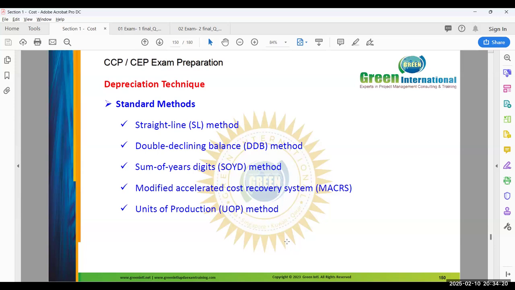If you purchase a crane for a company, the crane will be used for multiple projects. So how do we load the crane cost in the project?